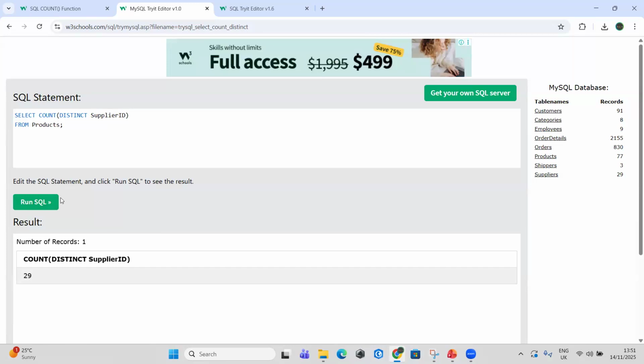I think their SQL has a problem. Now we are using it here, it is working. So it has 29 suppliers.